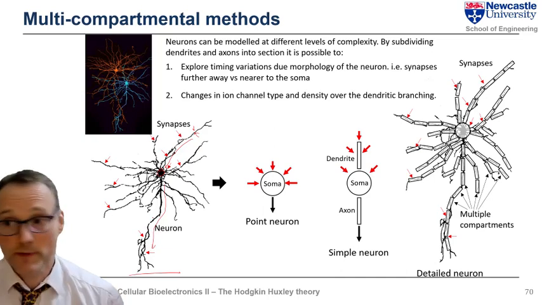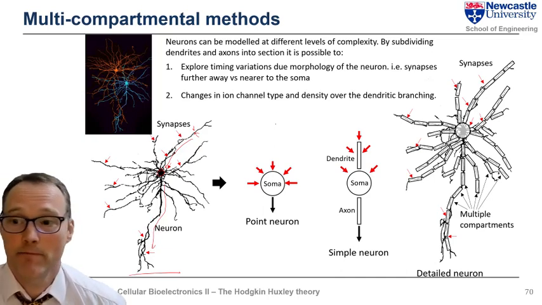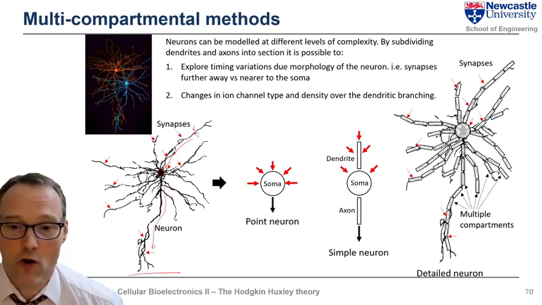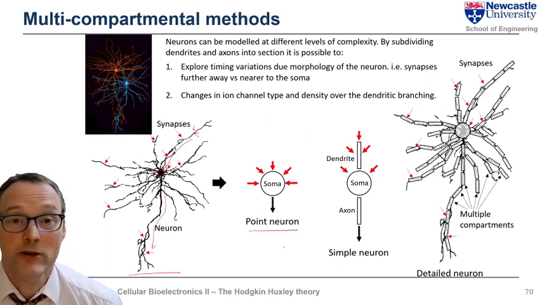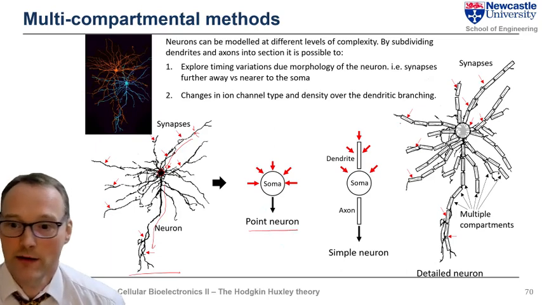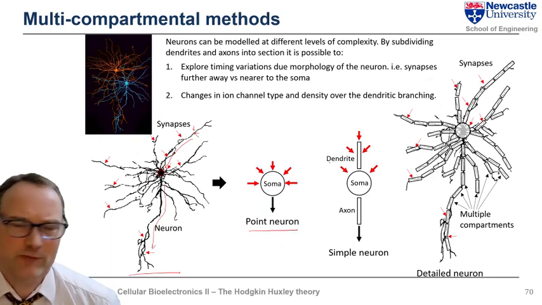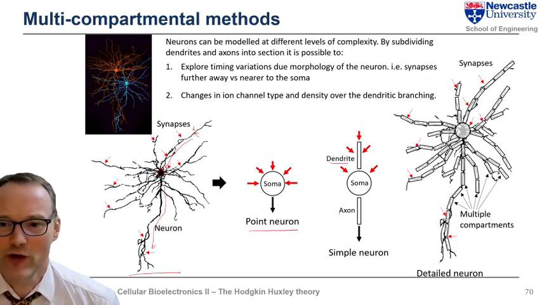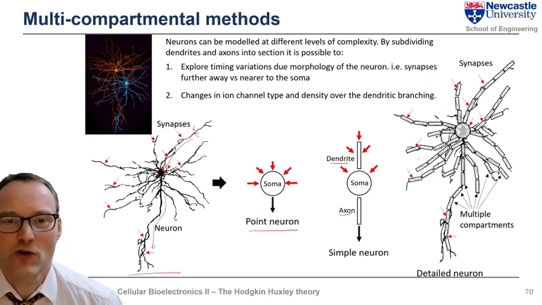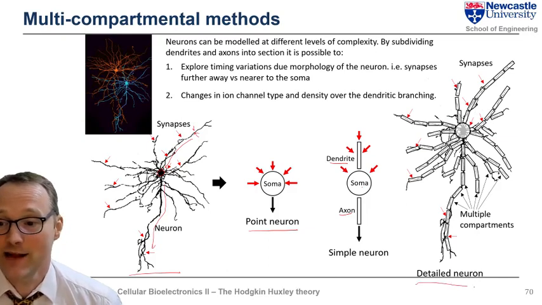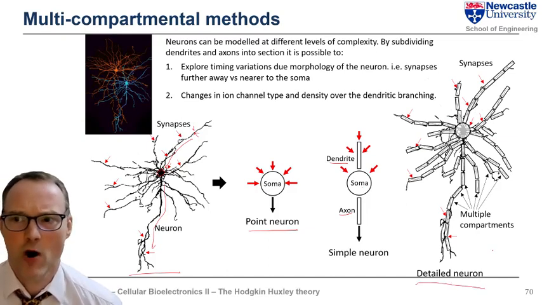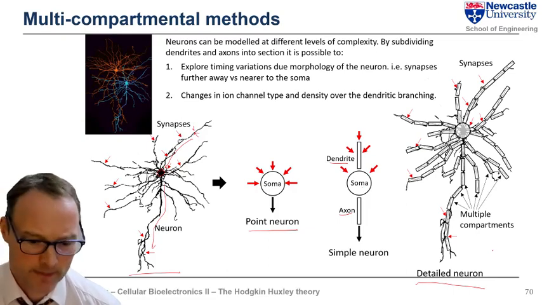If you really want to be really accurate, you can go from a point neuron, which is just a soma, to a simple neuron, which is what I tend to do, which is one dendrite, one axon, one soma, to something a little bit more complex, which is this kind of detailed neuron with multiple compartments and multiple synapses.